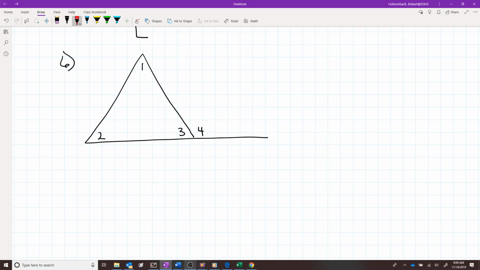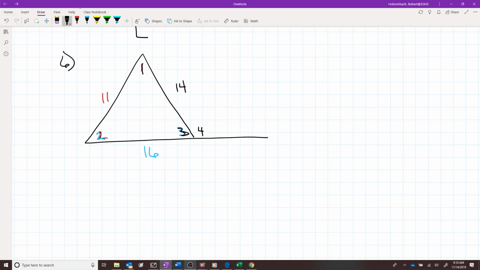The side included by angle 1 and angle 2 is 11. The side included by angle 2 and 3 is 16. And the side included by angle 3 and angle 1 is 14.